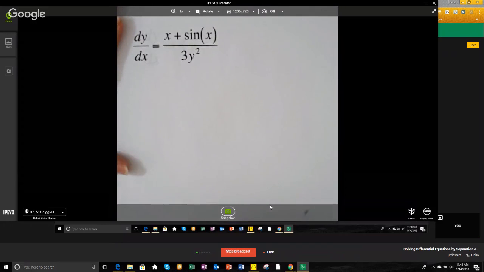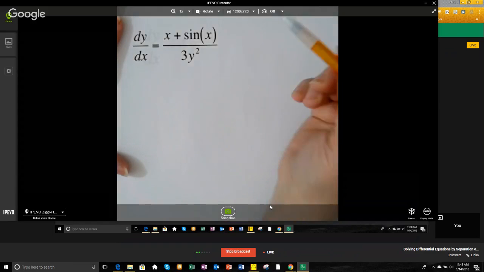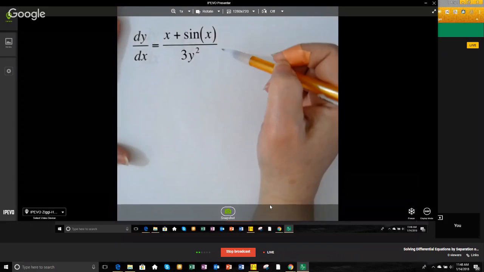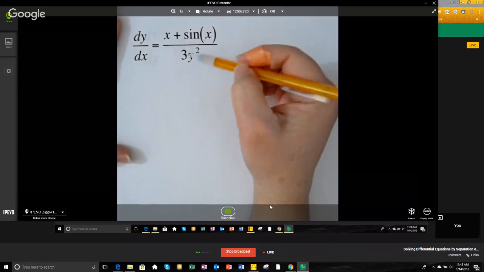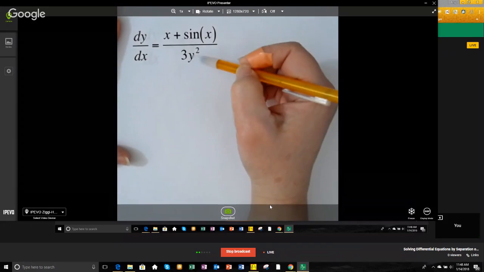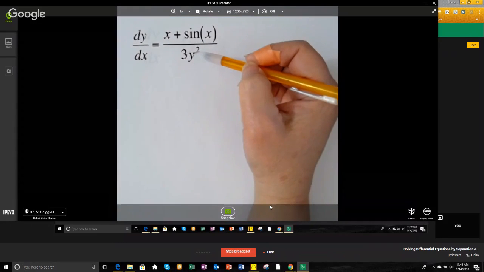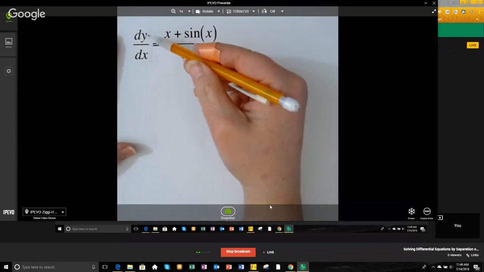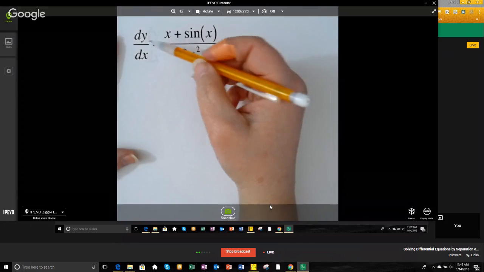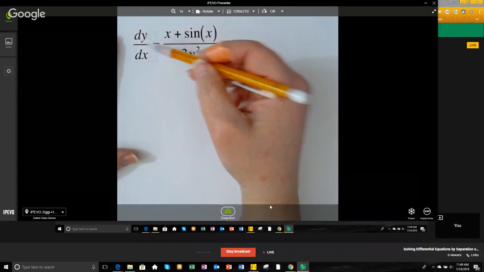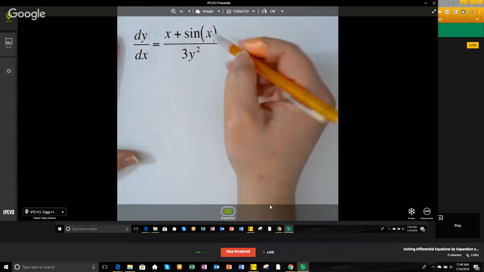This one looks a lot more complicated, but it isn't really. What I love about this example is it illustrates that we have a constant over here. Now, it'd be really tempting to move the constant over, but we are going to have to get it back over here when we're solving for y.